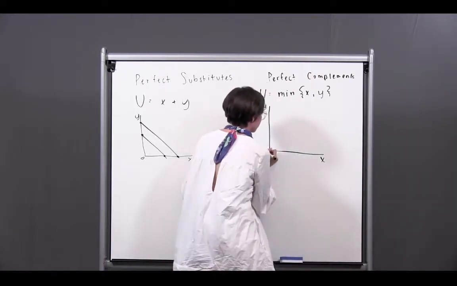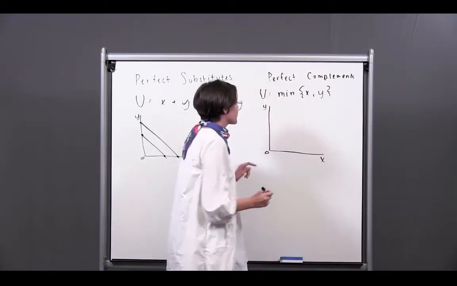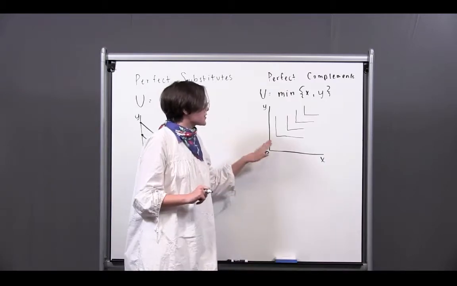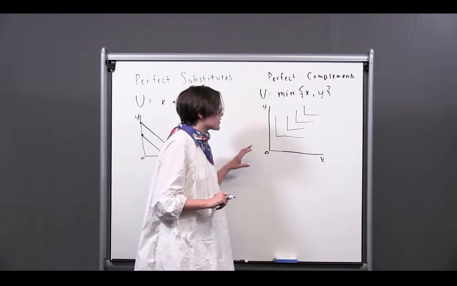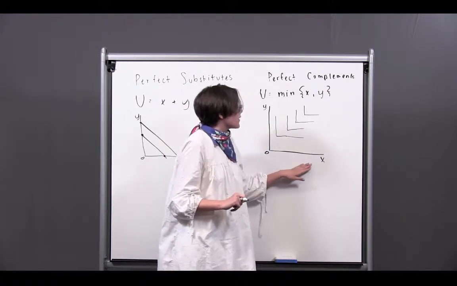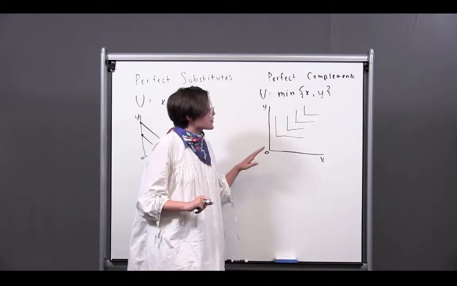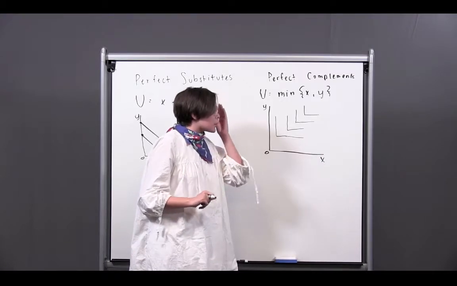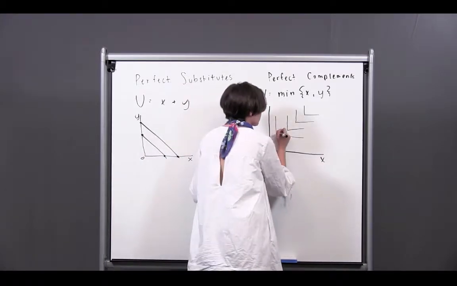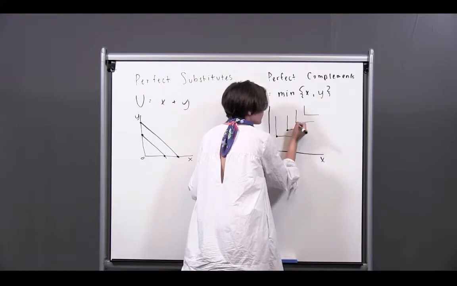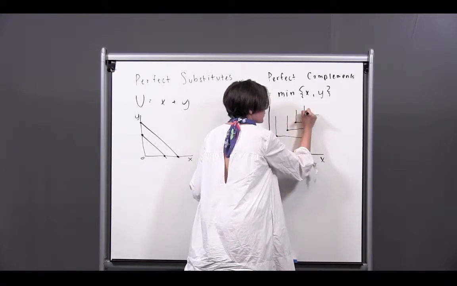So the utility functions for perfect complements will look like this L shape because the overall consumption is limited by the minimum value of either x or y. And when utility is maximized, the consumer is going to choose points at the corner of the utility functions.